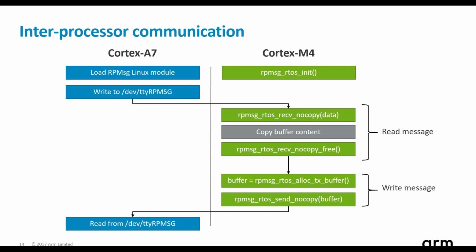Or we can have simpler functions where, when you receive a message, the buffer is allocated on your side, and you don't need to copy that specific area of memory.